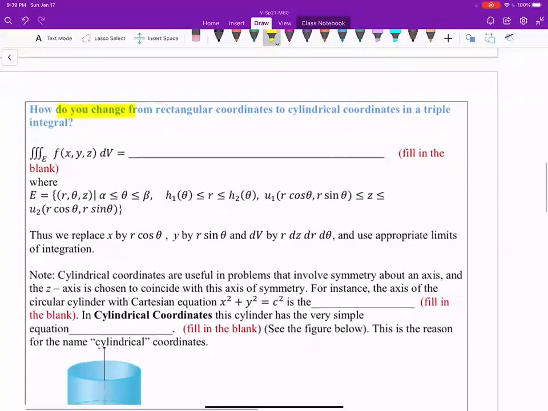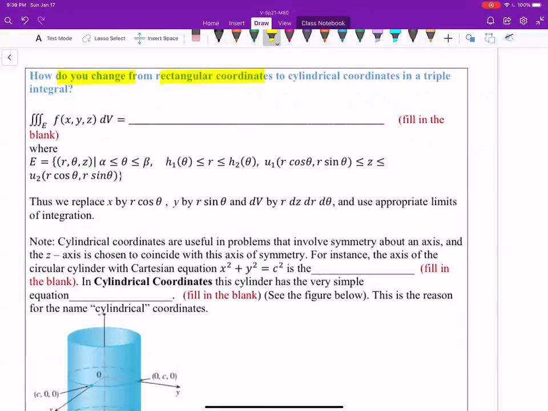How do you change from rectangular coordinates to cylindrical coordinates in a triple integral? The idea of introducing cylindrical coordinates is to simplify or evaluate certain triple integral problems in an easy way.